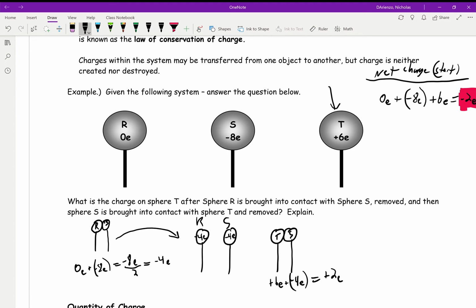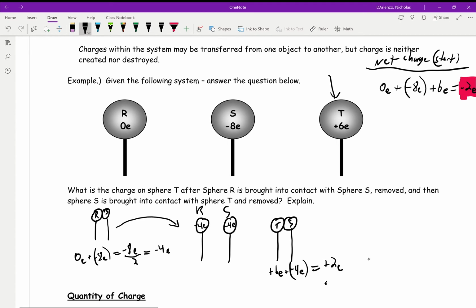Now when we separate T and S, this charge will distribute evenly amongst those two spheres. So we look at the average there. This comes out to an average of 1 positive elementary charge.